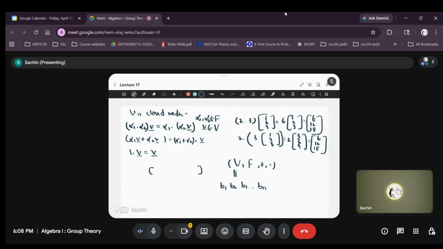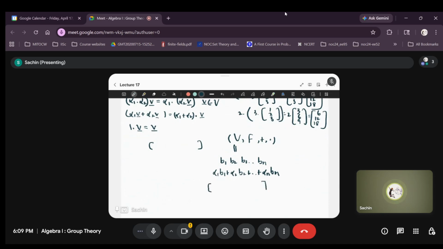Then each vector in V is of the form alpha 1 B1 plus alpha 2 B2, etcetera, alpha n Bn, where the alphas are elements of F. So it's a scalar linear combination, and the coefficients are from F. So every vector in V can be expressed in this form using the basis vectors, right?